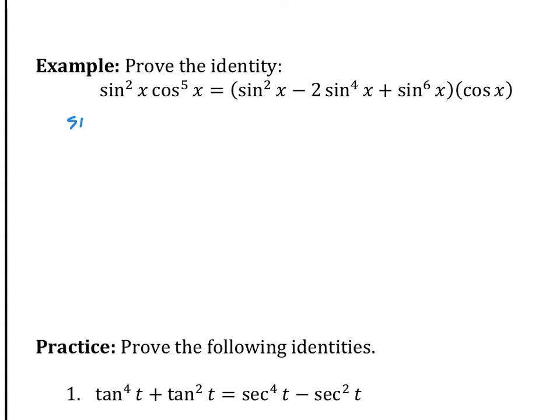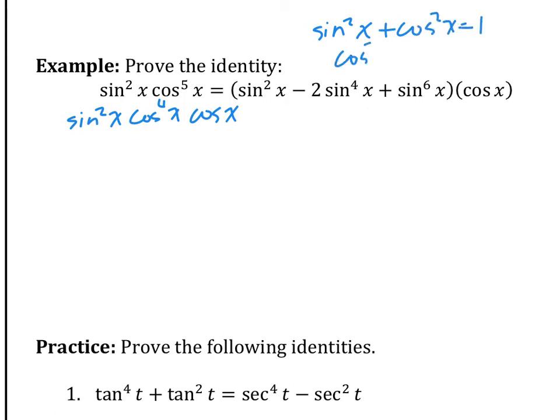So that kind of tells me that I'm going to change this cosine fifth to cosine to the 4th and then one cosine. I recall that sine squared plus cosine squared is 1. So that means cosine squared is 1 minus sine squared.